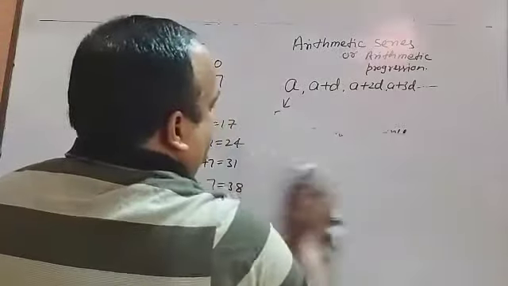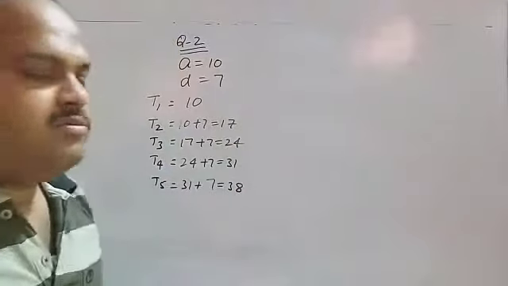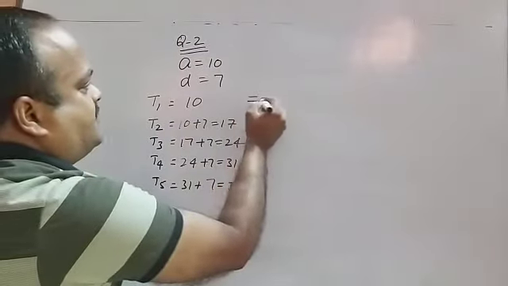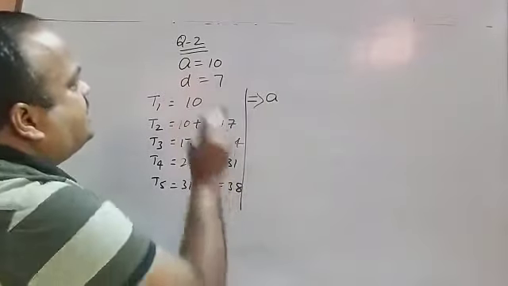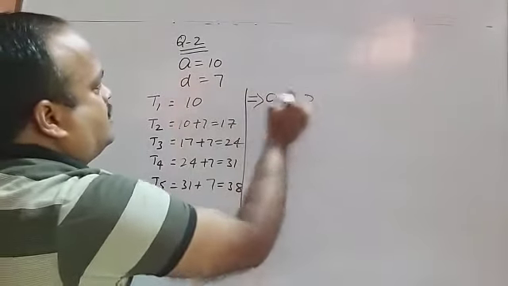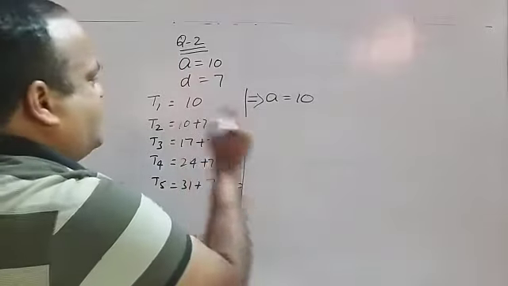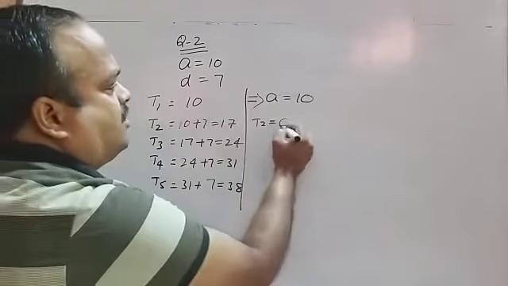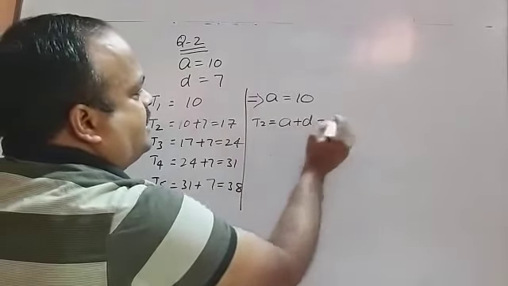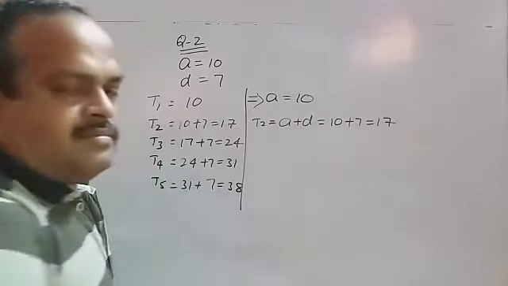Or you can use the formula. Here I am using the formula. The first term is a, and the value of a is 10. Second term T2, a plus d. a is 10 plus 7, 17.